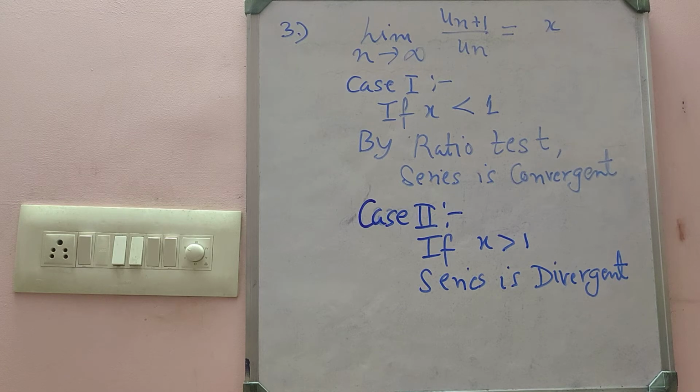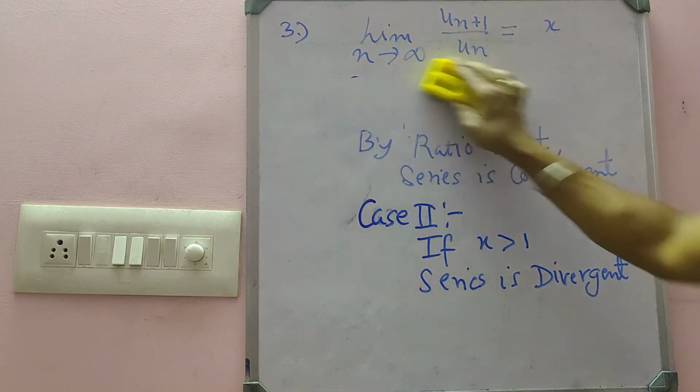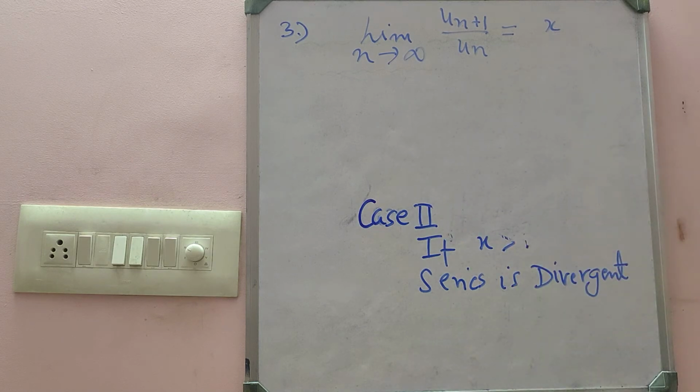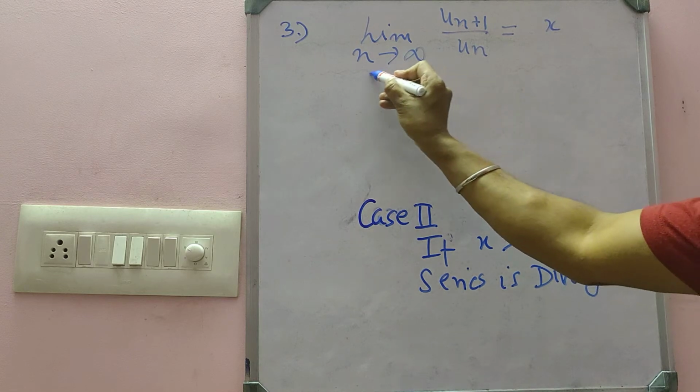Now we have to check for x equal to 1. So these two things we can write according to our sufficient conditions. But the third case we have to find out. So how will we find it out in the third case? When x will be equal to 1, just like earlier we have used the comparison test, we have to use the comparison test for case 3.